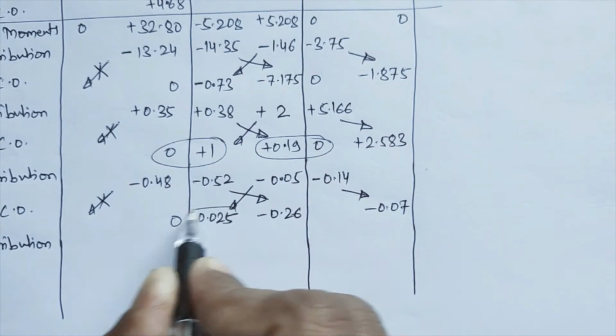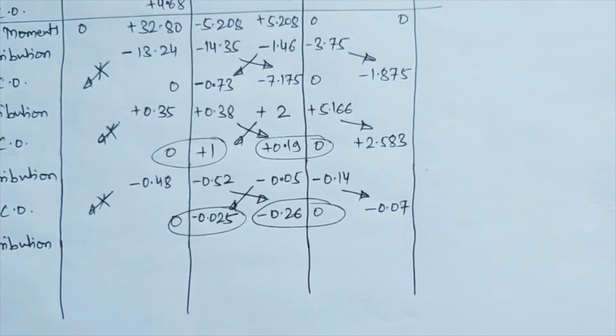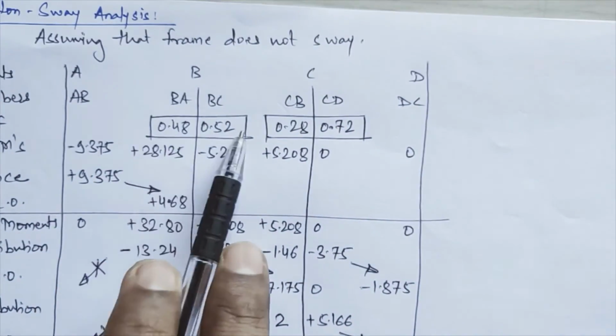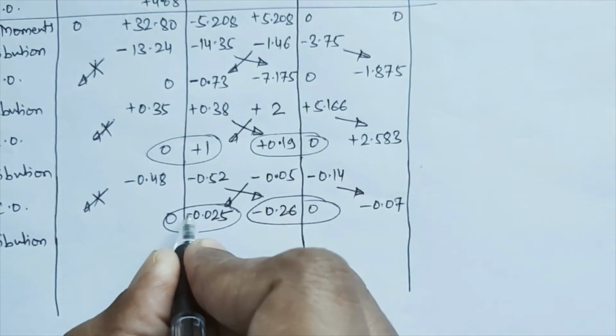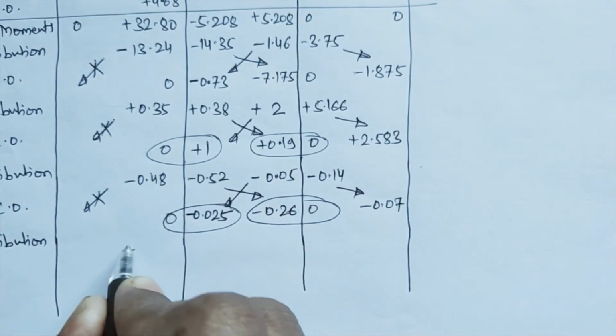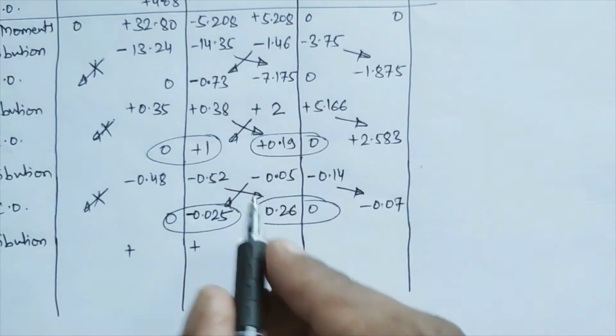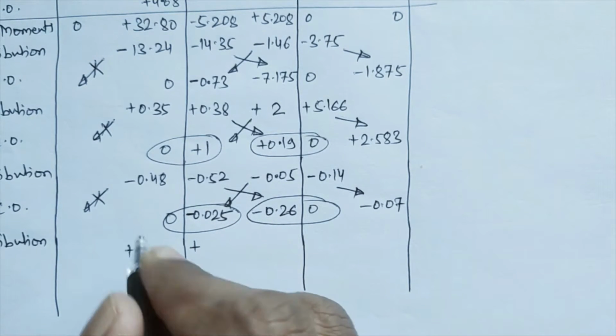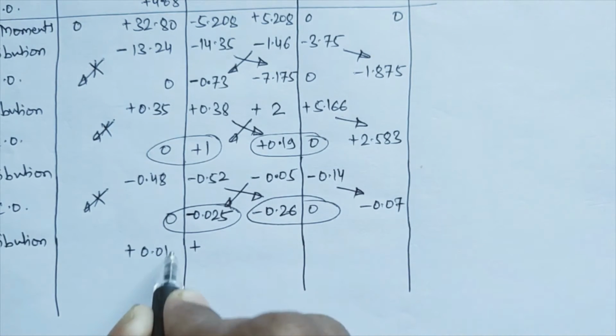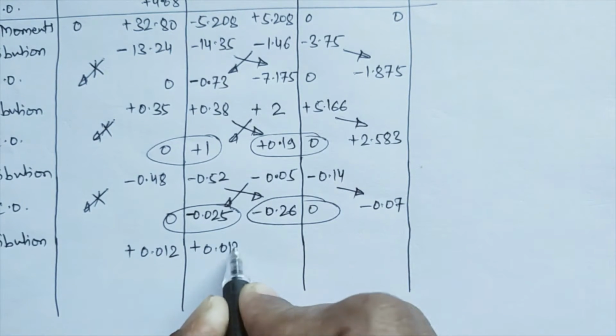So distribution of again these moments. Okay, so 0.025 into your distribution factors 0.48 and 0.52. Now this summation is negative, so distribution will come again positive. So 0.025 into 0.48, I get 0.012, and this I get as 0.013.